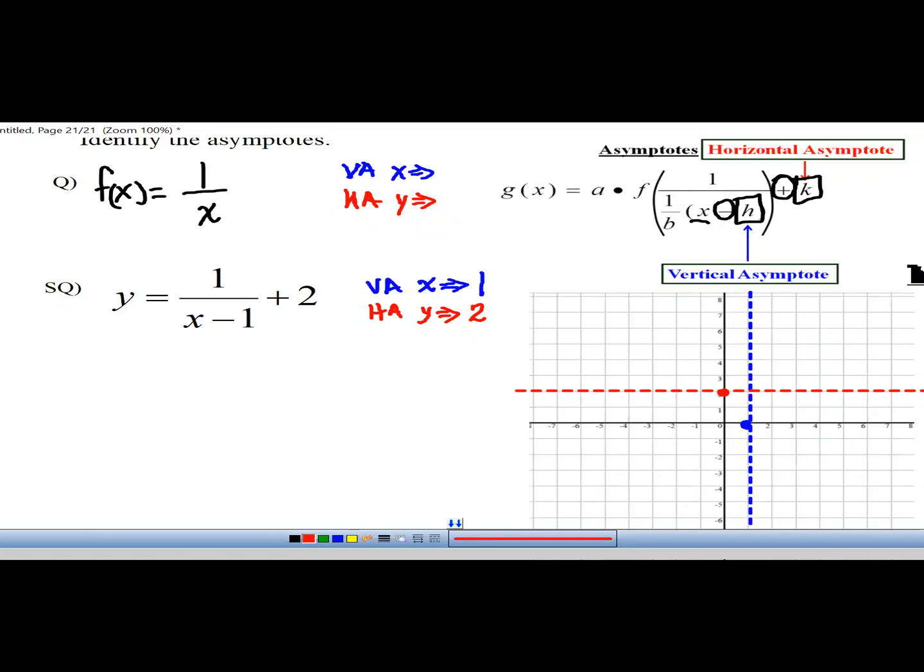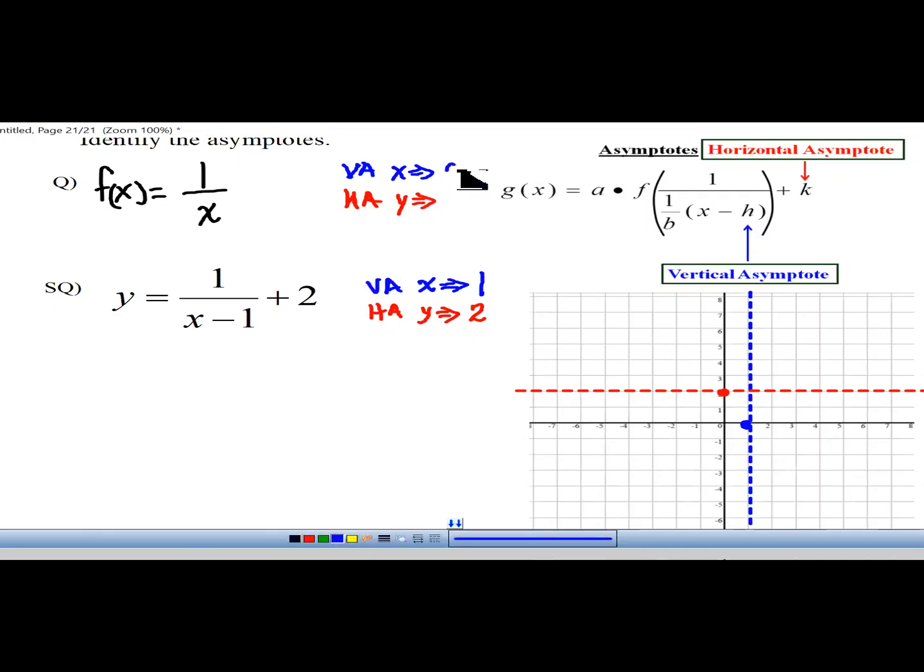So before you give me an answer, look at the general rule, start matching everything, see what it has, what it doesn't have, and let's see, what would be our horizontal asymptote, our vertical asymptote? Vertical asymptote, Esmeralda, what do you think? 0.